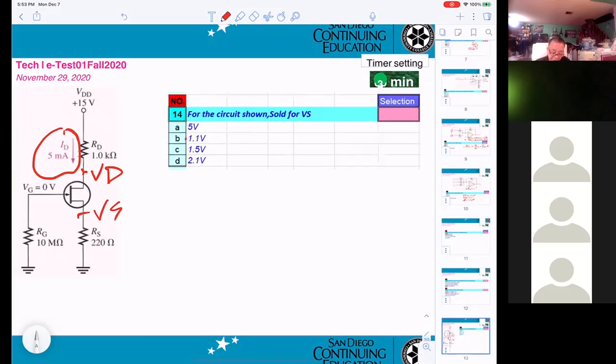Okay. Just take 5 milliamp times 220 ohm. However, pay attention to the unit. Milliamp, then you better multiply by kilo ohm. So 220 has to be divided by 1,000 in order to get the right voltage.